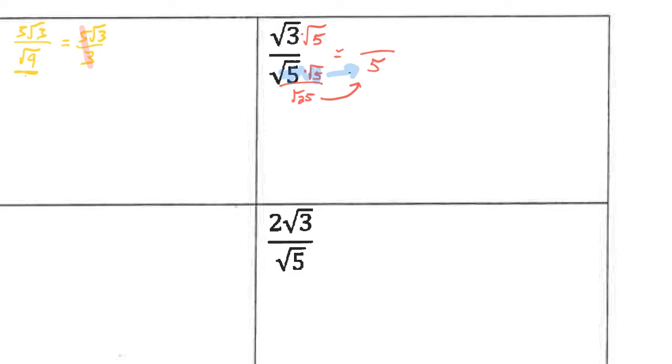On the top, both the 3 and the 5 are inside the square root, so I will multiply those together, because insides multiply with insides, outsides with outsides. Okay, so now I'm done again because I can't simplify the 15 over 5, because the 15 is inside the square root and the 5 is not. So that's it. Nothing else to do, nothing to simplify.